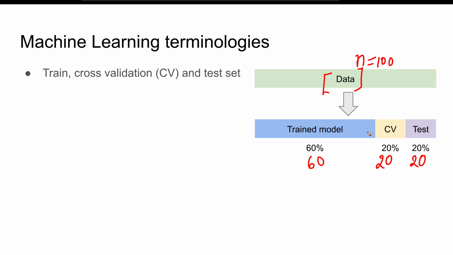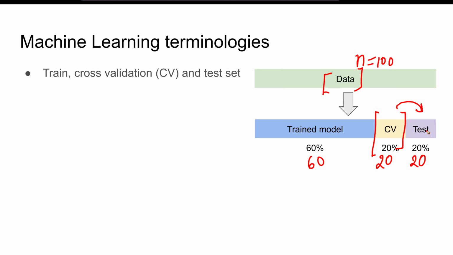So while training, the computer would not see any of these data sets. So once the model is trained, it can then be run on this unseen cross-validation set to find out how good the predictions are. And based on that, the parameters can be adjusted. And once the final trained model is ready, it can be tested on a new unseen data set, which is a test set.